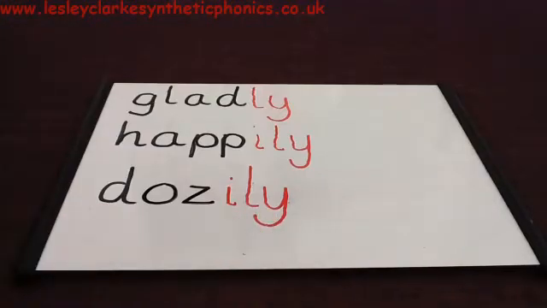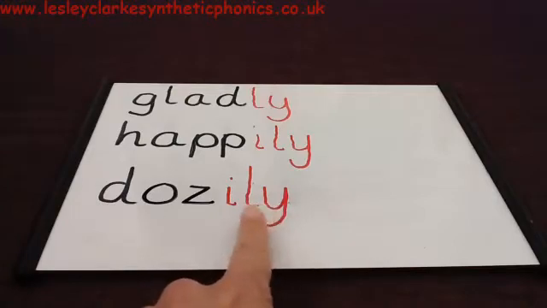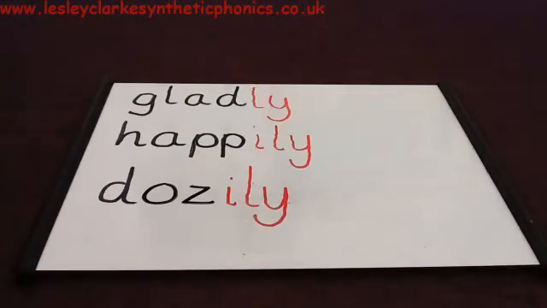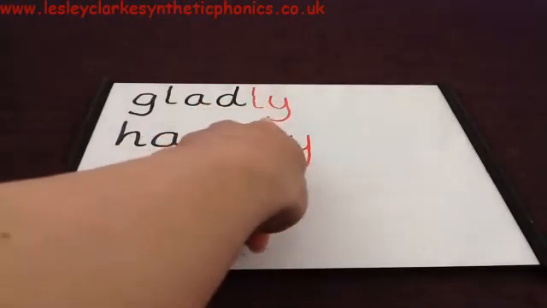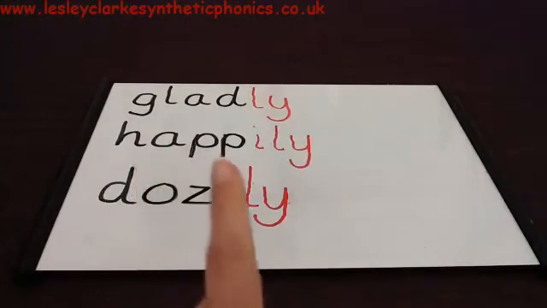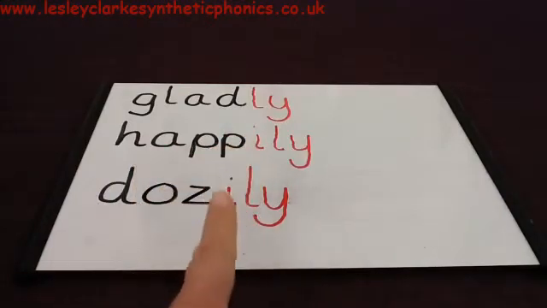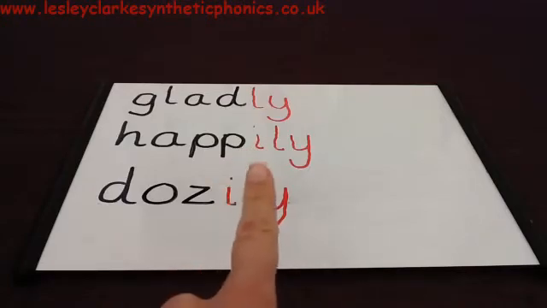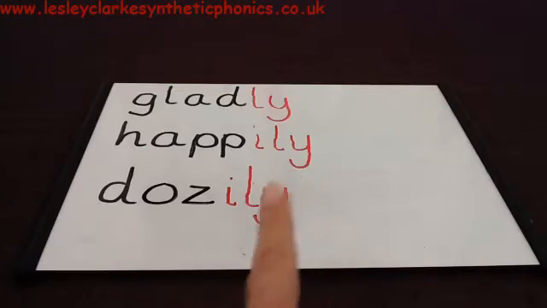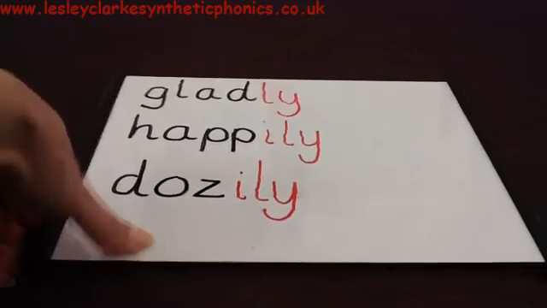So when we add the suffix ly, there are two spelling rules that you have to remember. Most words are really easy. You just stick ly on the end. If your root word that you start with ends with a Y, like these two did a minute ago, you have to rub out the Y, change it to the letter I, and then add your suffix ly. So we've got two rules to remember.